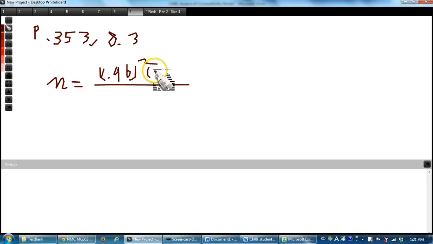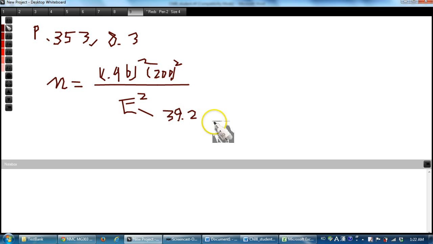Watch out, it's not a variance, so the variance will be 200 squared, and E, the margin of error, is given by the question as 39.2. So I came up with about 100.